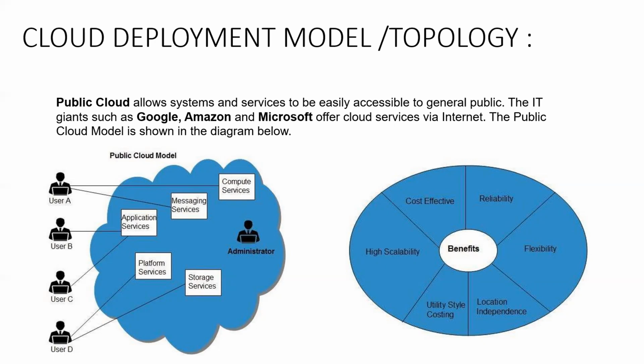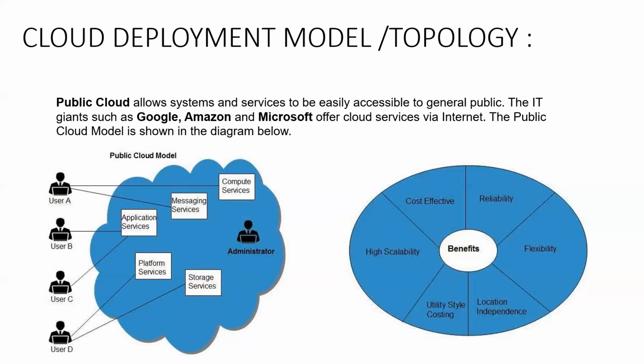He owns and manages the entire infrastructure required for your business, and the user has to pay this service provider for accessing these resources. This type of cloud deployment model, where the service providers offer the cloud services via internet, is called a public cloud model.